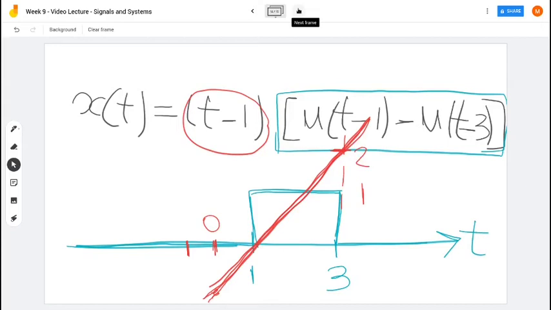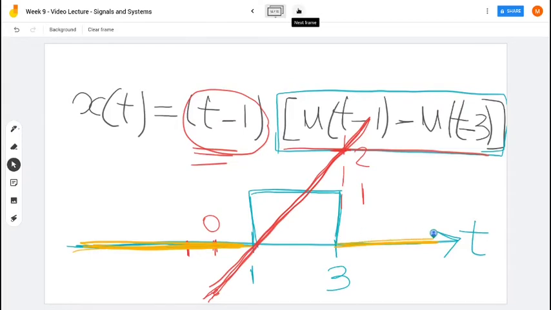Okay, so multiplying these two together, the straight line t minus 1 times this rectangular pulse will give us what? So for this interval will give a 0, because the rectangular pulse is 0, multiplied by a straight line, so it's 0. And for the interval for t larger than 3, it's another 0, because the rectangular pulse is 0.